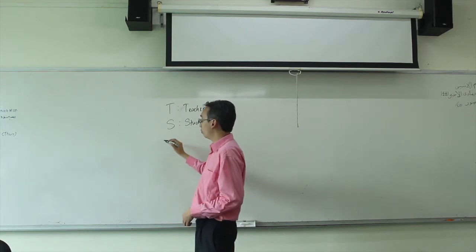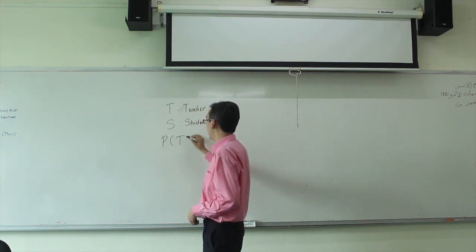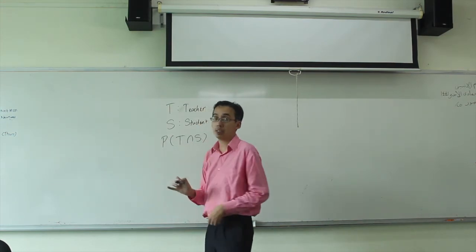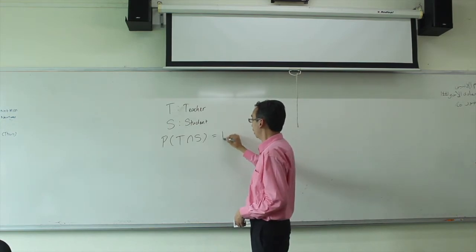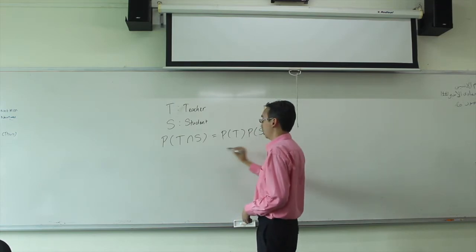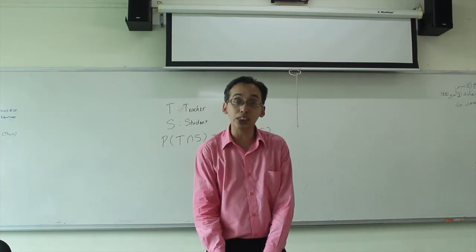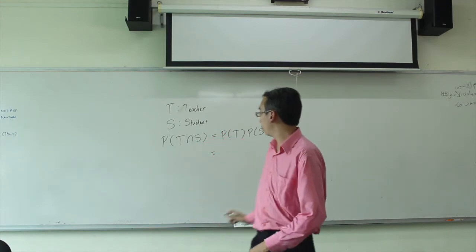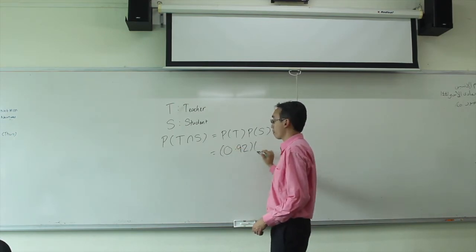Both photocopiers working means probability of T intersect S. Since they are independent, it equals probability T times probability S. The probability of the teacher's photocopier working is 92%, so we plug in 0.92.